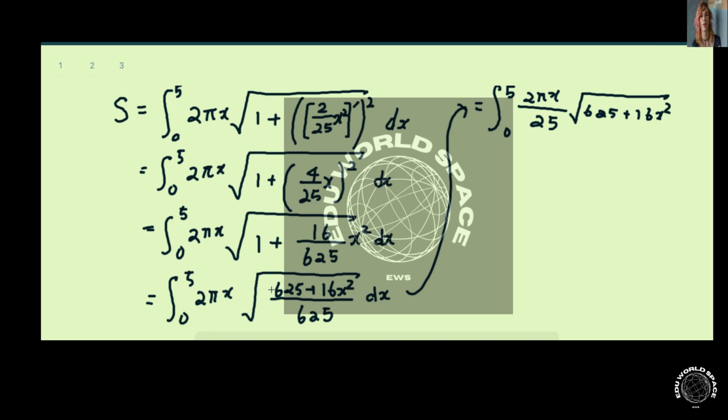Because this equals square root of numerator over square root of denominator, right? And the square root of denominator just becomes 25. So this whole thing, 2 pi over 25, becomes just a constant. And I have this numerator here, still in the radical sign, okay? dx.